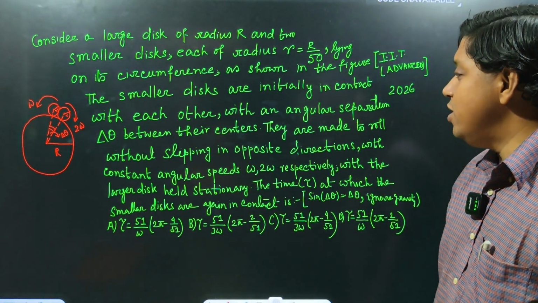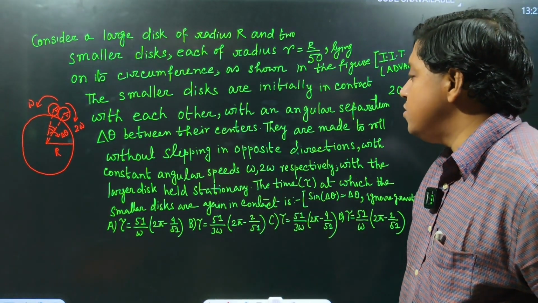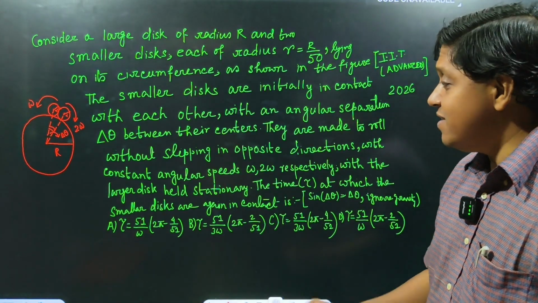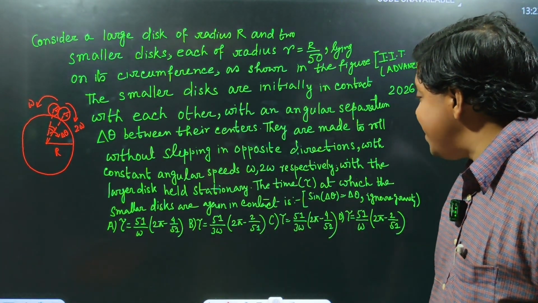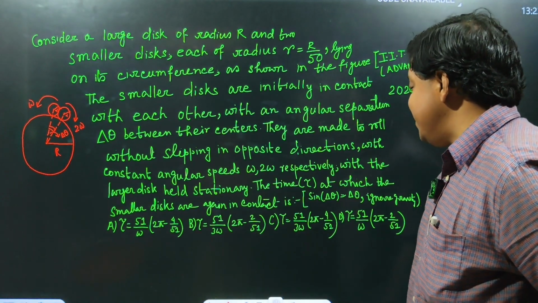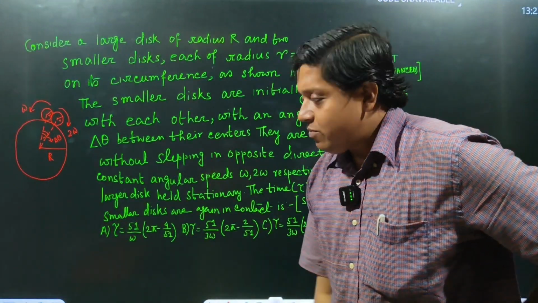They are made to roll without slipping in opposite directions with constant angular speeds omega and 2 omega respectively, with the larger disk held stationary. The time tau at which the smaller disks are again in contact is, the options are now given. You can see the diagram also.